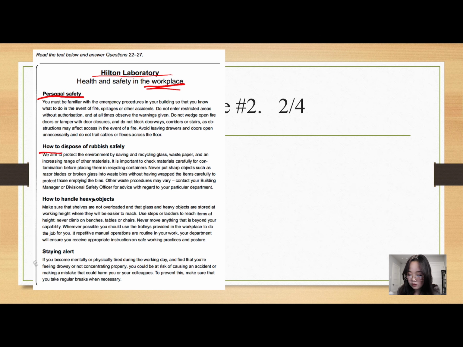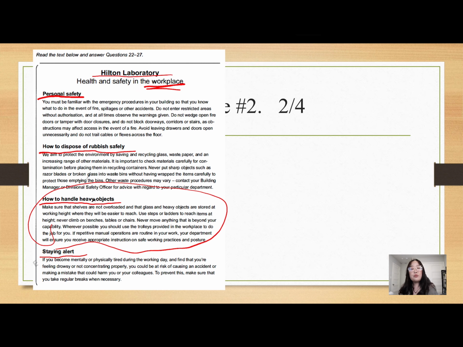Personal safety, how to dispose of rubbish safely, how to handle heavy objects, staying alert. Okay, so this information is very well organized. So if the questions after the article ask you what equipment you should use when you're trying to lift an object, then you probably would know, okay, this passage should contain this information here.